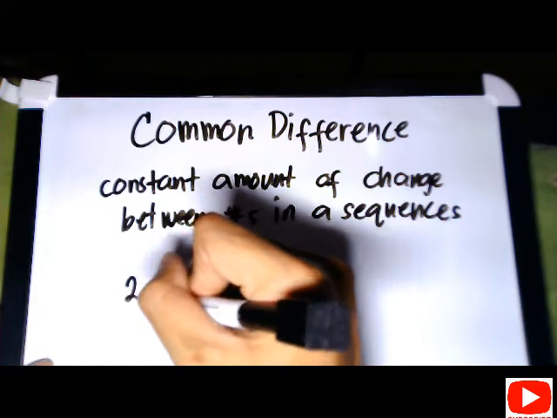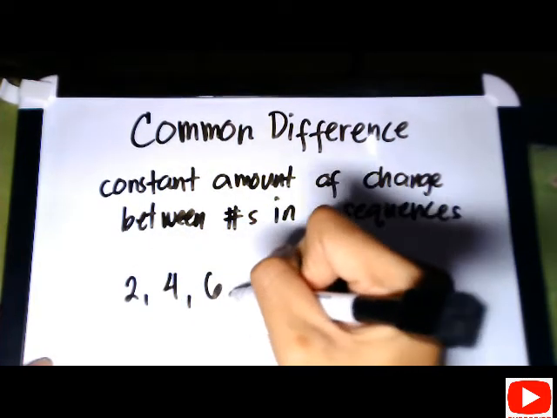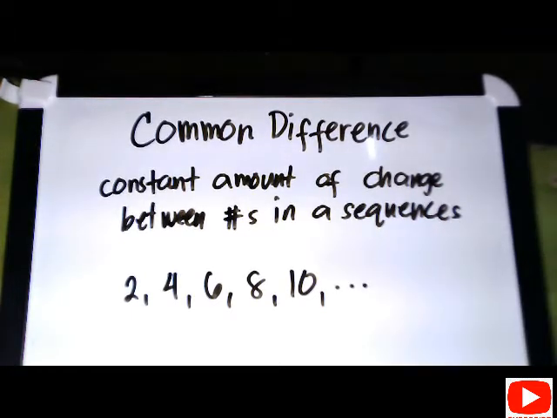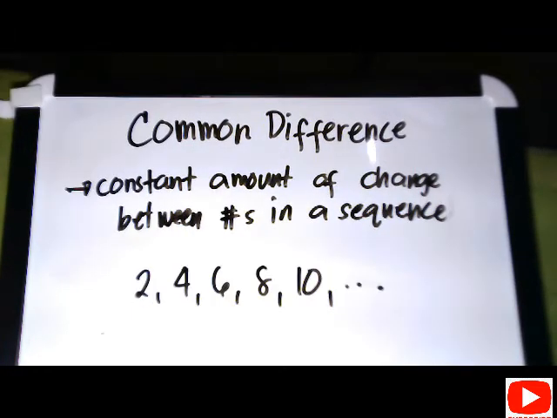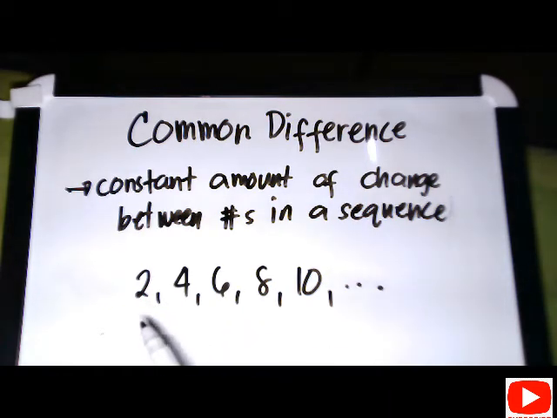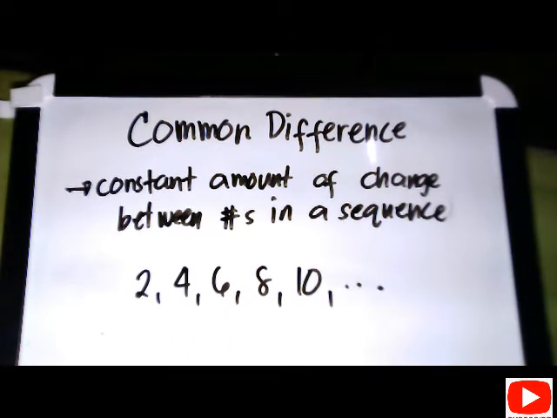See, for instance, 2, 4, 6, 8, 10, and so on. Like for this sequence 2, 4, 6, 8, 10, and so on. It is a sequence of positive even integers. So we are going to find the common difference or the constant amount of change between numbers in a sequence or between terms in each sequence.